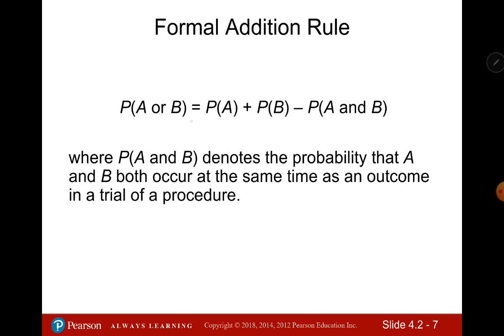So let's check the formal addition rule. It is just the probability of A plus the probability of B. So we call it the addition rule. But make sure you subtract the second part, which is the probability of A and B. This part is just the double counting part.